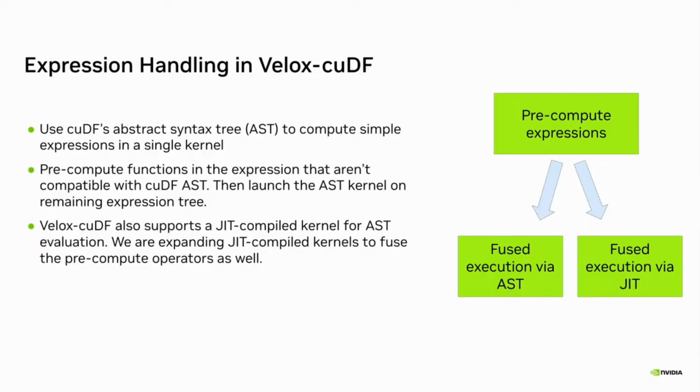Whatever expression is not supported, we can do some pre-compute on the function evaluator and pass the results back to the AST evaluator, and AST evaluator can do a full expression tree on the GPU in a single fused kernel. The same, whatever we can execute in the AST in a fused kernel, we can do with JIT, just-in-time compilation, also. And we'll be expanding more on JIT function coverage.